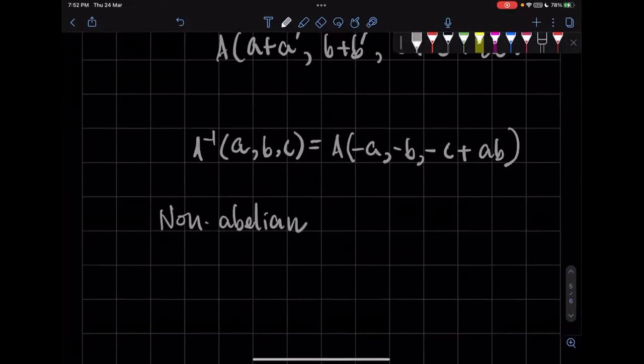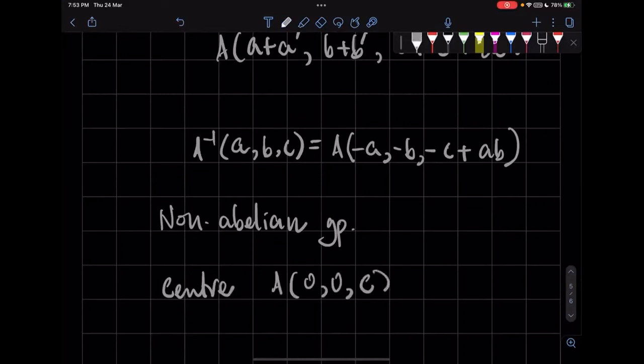And that should be clear from the fact that the algebra is a non-commutative algebra, right? So it's a non-abelian group, and the center of the group is of this form. And the center is isomorphic to the reals. So therefore, it's a non-compact group as well. Okay, any questions about the Heisenberg group?